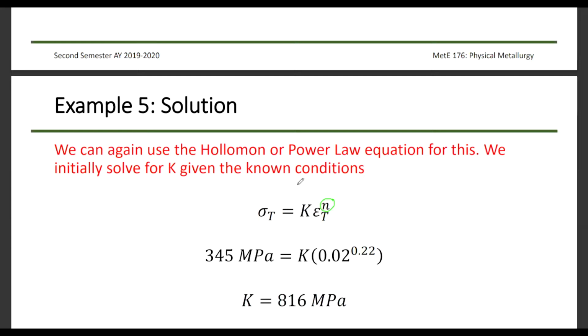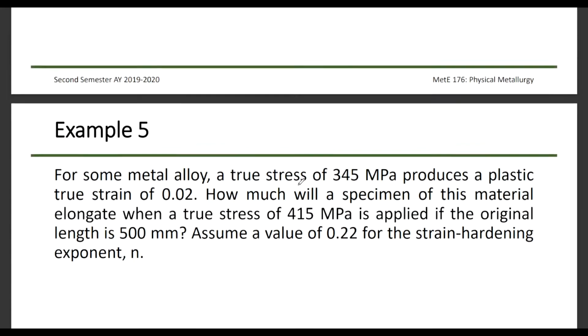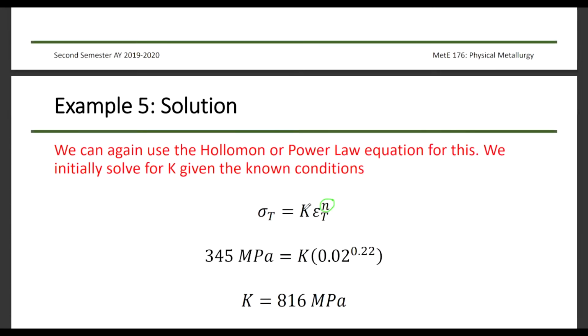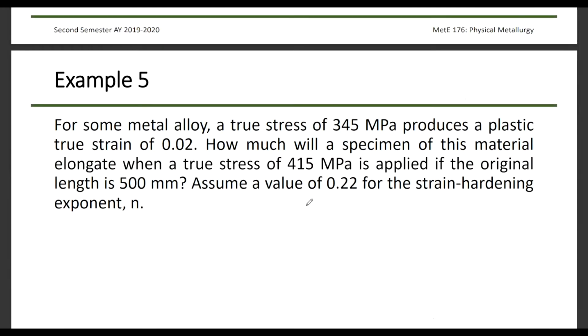So they mean the same thing, no? Okay? So first, ang gagawin natin is we set up the Holloman's equation. So again, Holloman's equation, sometimes known as the power law, is sigma T is equal to K multiplied by epsilon T raised to the power of N, where again, yung subscript T indicates that these are true values. So given naman is true values, no?